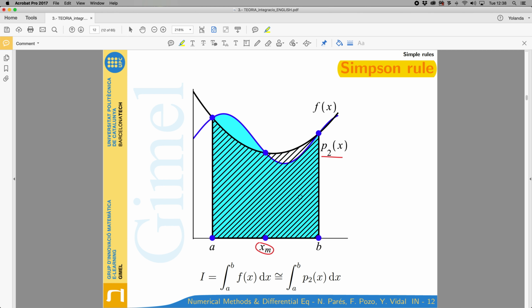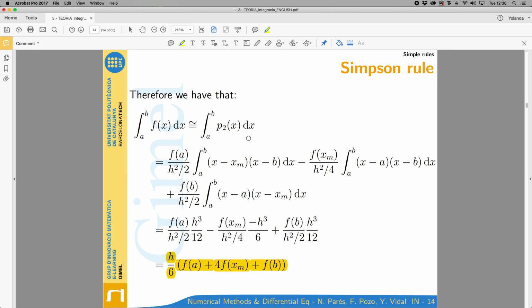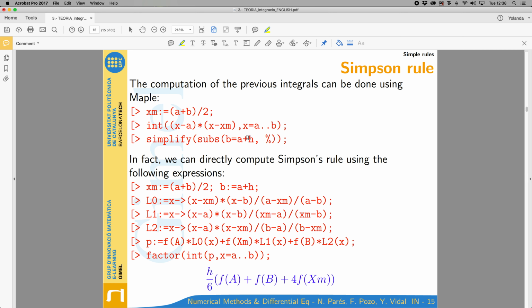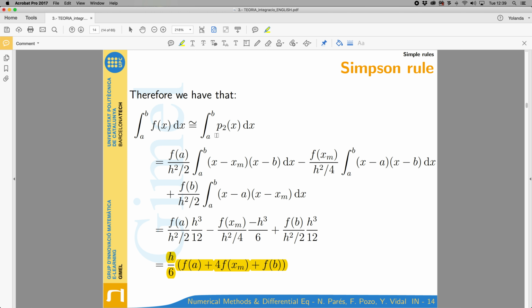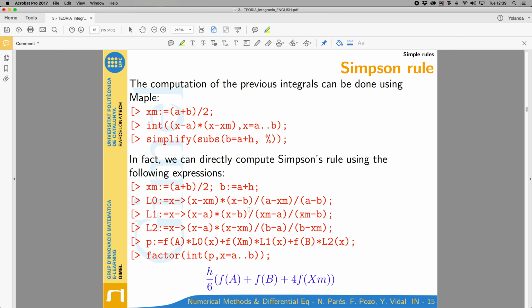That would be the approximated value that we will get as an estimation of the exact solution, which would be the area under the curve, okay? This is the code you can use in Maple to compute these integrals exactly. Remember that these are integrals of polynomials, so they are very easy. We can compute them by hand, but here if you want, you have the Maple code.